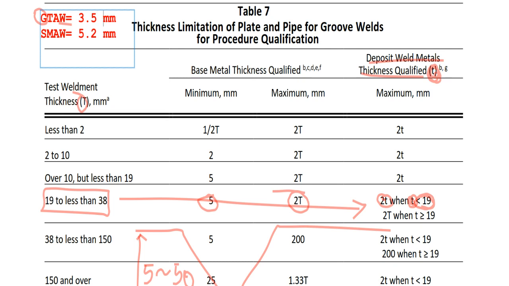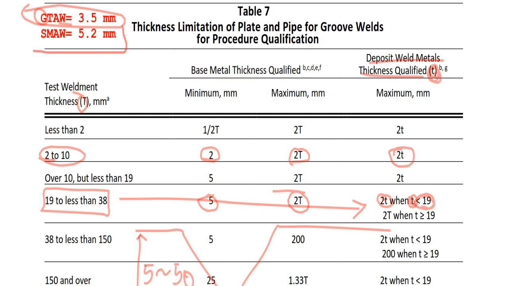Then each thickness qualification for each process should be applied separately. For GTAW 3.5 millimeter, which belongs here, the maximum thickness qualification for the base metal is 2T, and the weld metal thickness is 2 lowercase t, and SMAW 5.2 millimeter also belongs to this line number 2. Same thing applies.